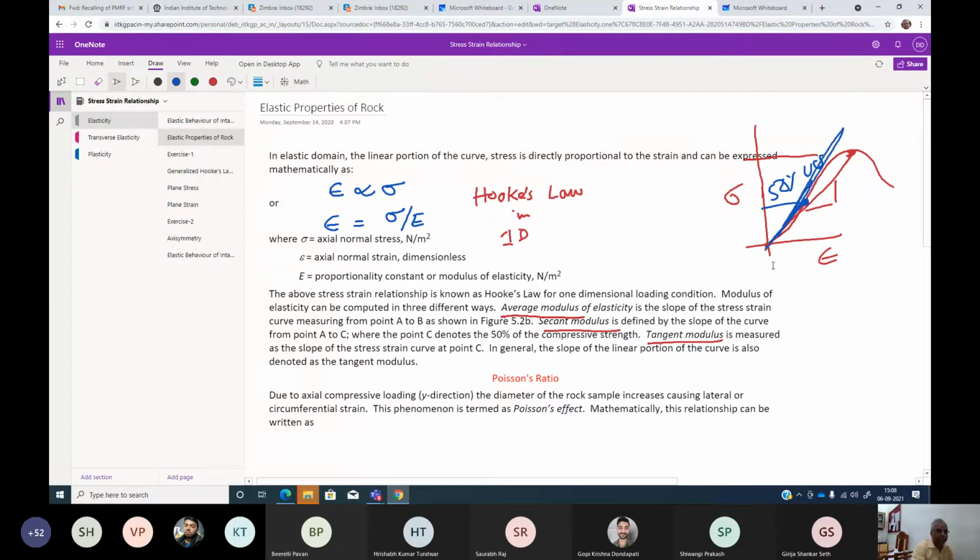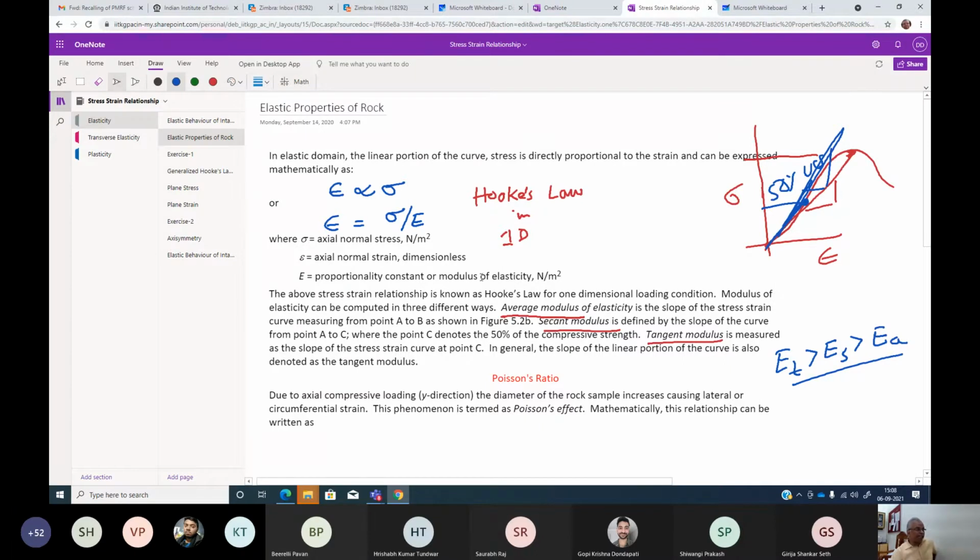If you draw a tangent and then find out the slope of that tangent, that will be called the tangent modulus. Okay. So there are three ways we can make it. Normally, the modulus of elasticity of tangent is greater than secant, which is greater than average. Okay. Normally, this is what we find.